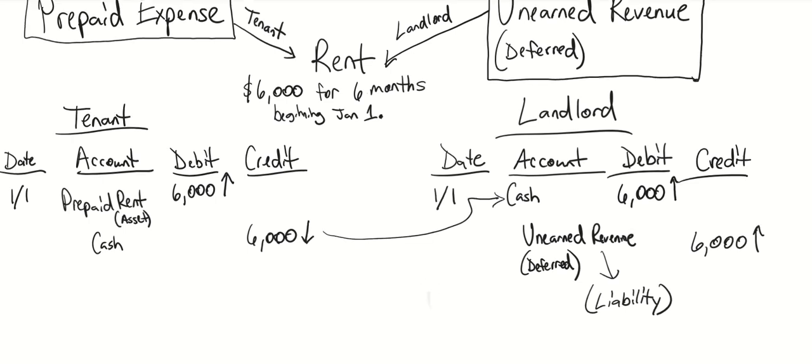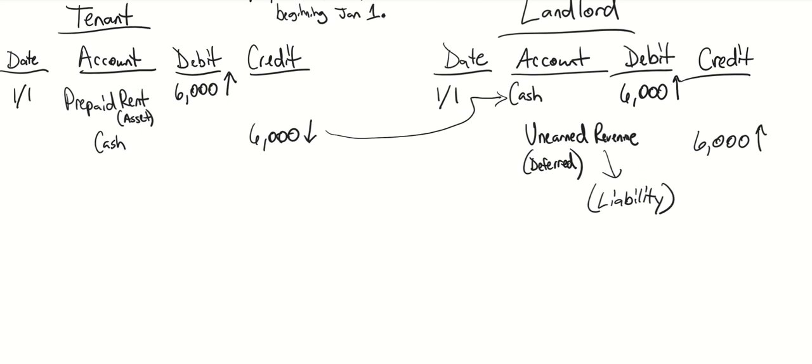Now on January 31st, what does it look like as far as how the expense is going to be recognized on the tenant side, and how the revenue is going to be recognized on the landlord side? This is because the first month has expired, or already went by.